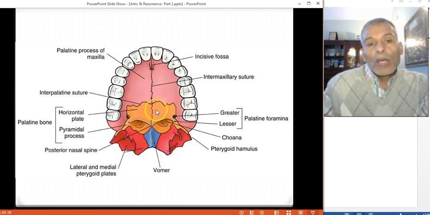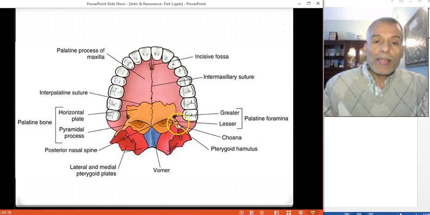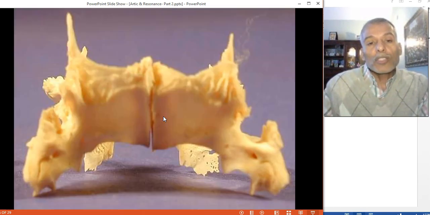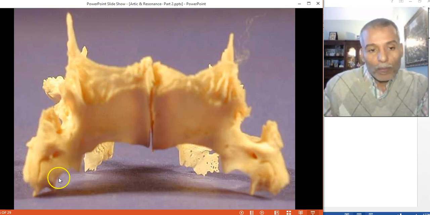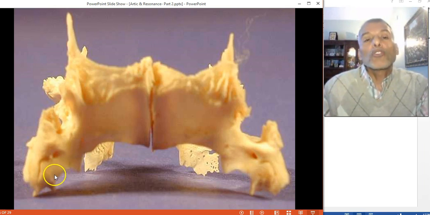So these are the three structures of the hard palate. Again, premaxilla, palatine processes of the maxilla, and the horizontal plates of the palatine bone. And then on the posterior margin of the palatine bone, we are going to have a structure known as the palatal aponeurosis.